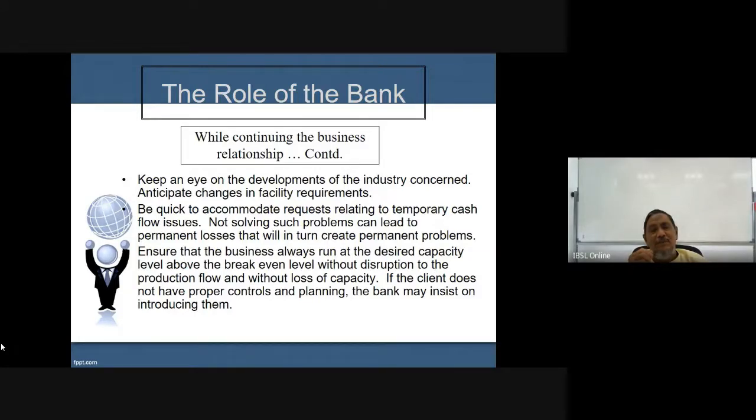The customer says there are certain checks coming, these days business is dull, so he wants a TOD. Now he wants to bridge the gap between his sales and the bills payable or checks payable.